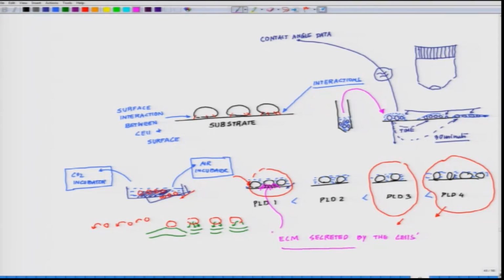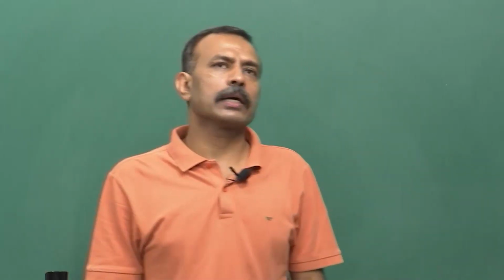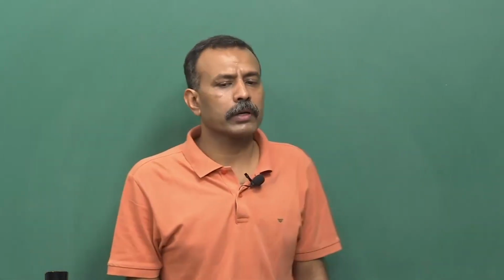Okay. So what you see here is that one can monitor this whole process in a very systematic way, which, if you look at most of the cell culture work currently happening across the world, is not being done.